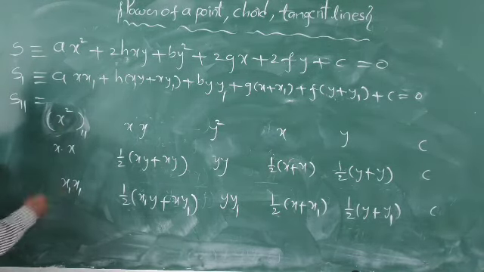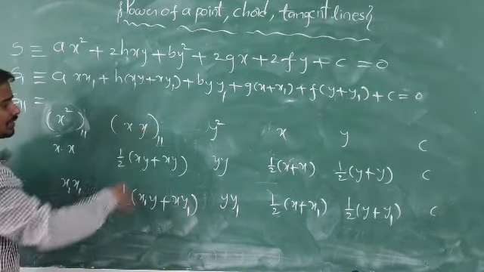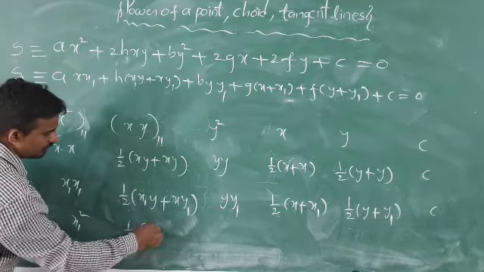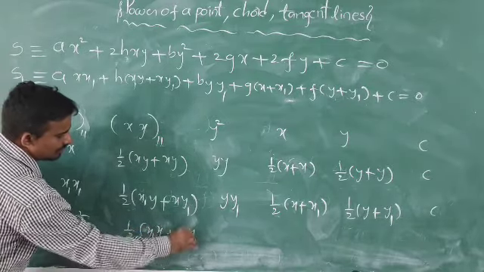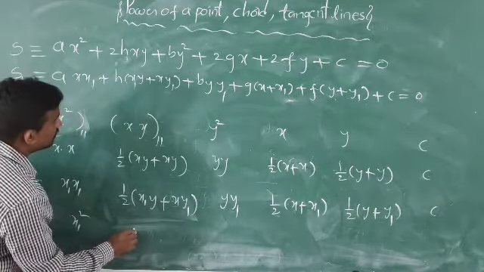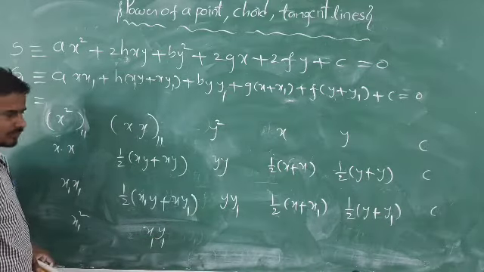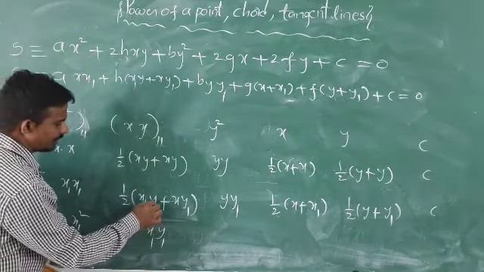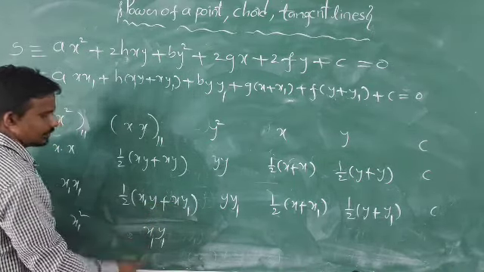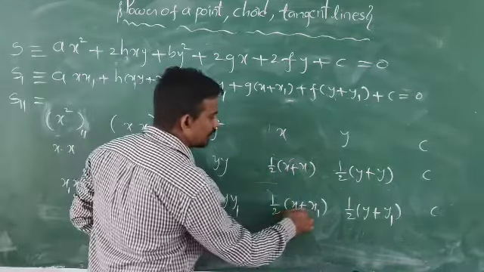It means x1 square. And for xy, it means half of x1 y1 plus x1 y1, which is x1 y1. If you write y1 in the place of y and x1 in the place of x, you get x1 y1, and y1 square, and for x it gives x1 plus x1.